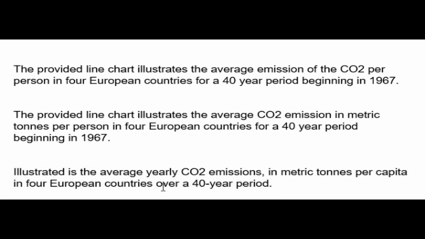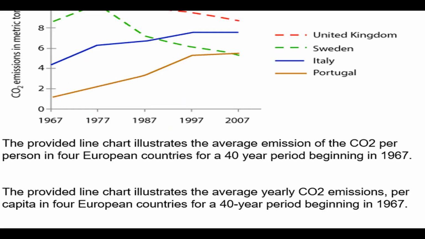We have our y-axis. We have that noun phrase, metric tons per capita. And we know what the data points are referring to, 4 European countries. And we have our x-axis, 40-year period.